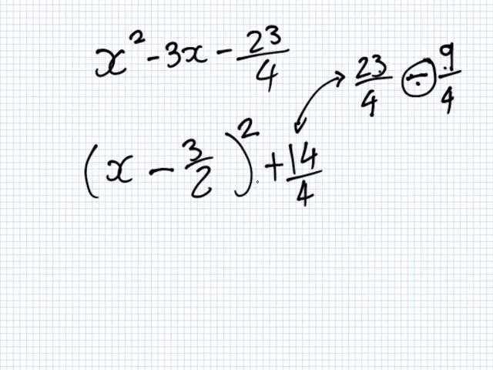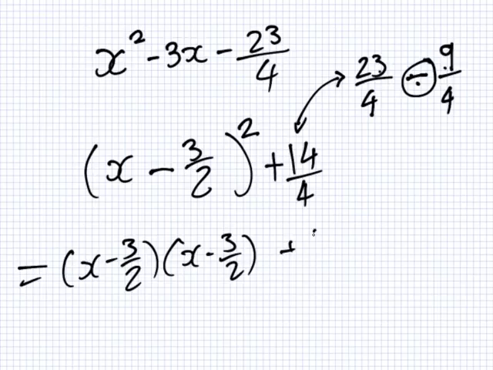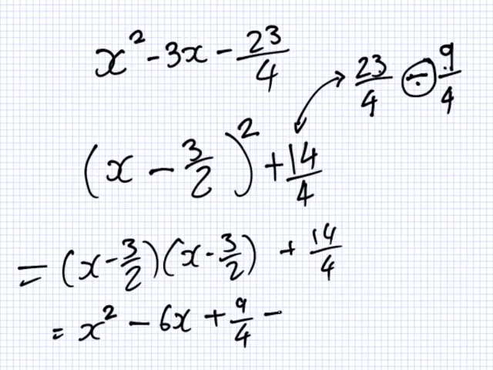Why? Let's check. So if we look here, this is x minus 3 over 2 times x minus 3 over 2 plus 14 over 4. Well, that's x squared, and then minus 6x plus 9 over 4 plus, oh, I see.